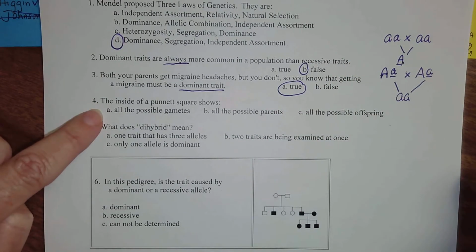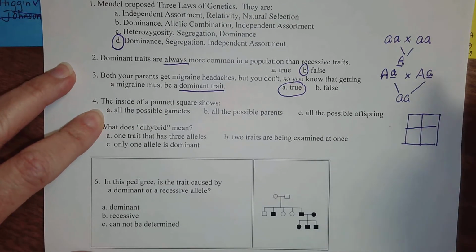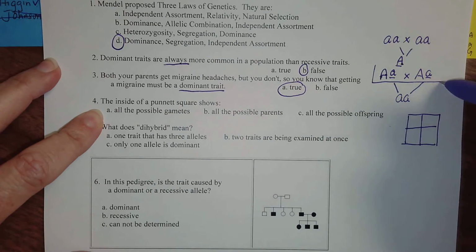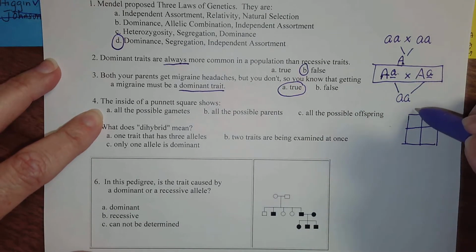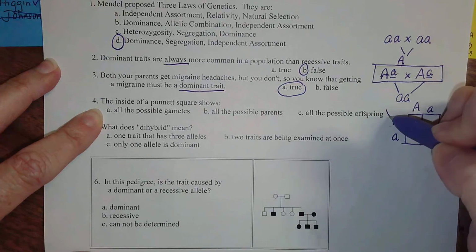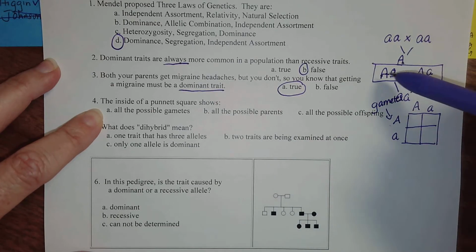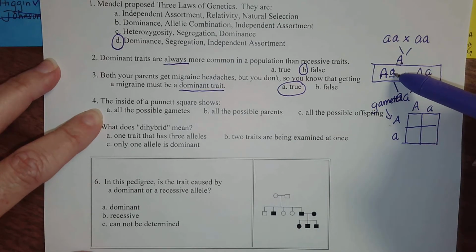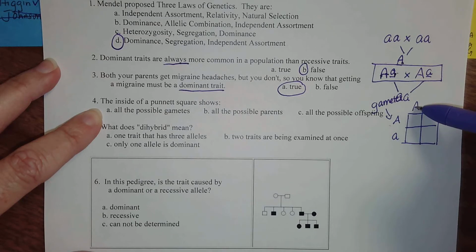All right, the inside of the Punnett square. So when you make a Punnett square from a cross, let's say we're doing this cross right here, big A little a cross with big A little a. What you're putting on the outside of your Punnett square are the gametes. So if you're big A little a, when meiosis occurs to create sperm and egg, this individual could contribute a big A to the egg or a little a to the egg.